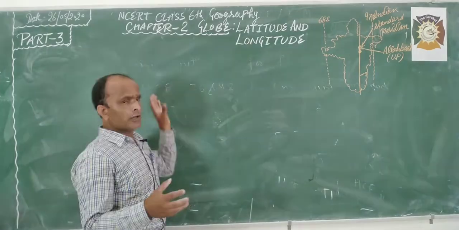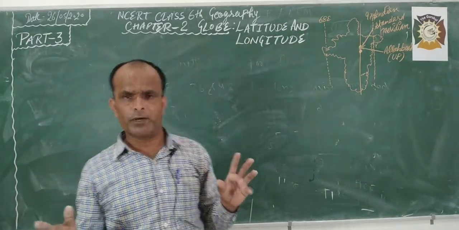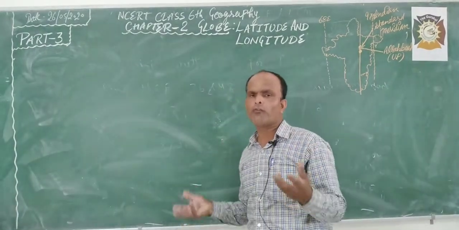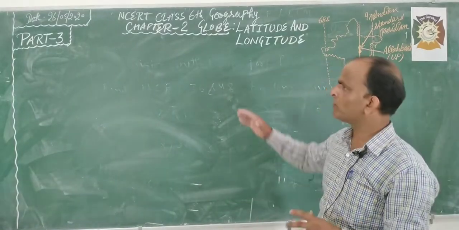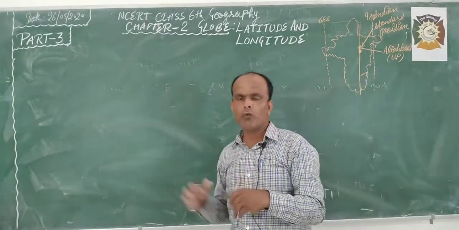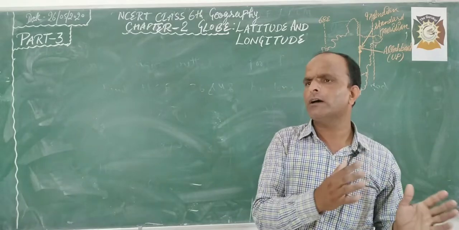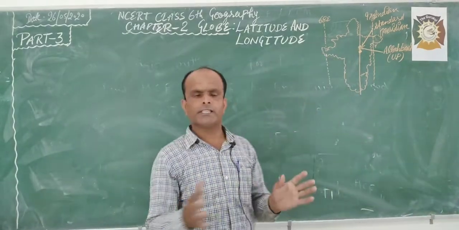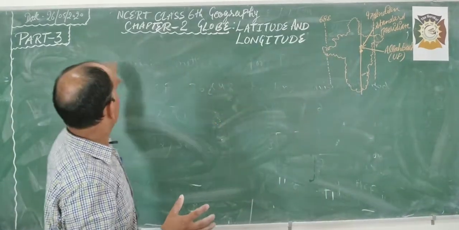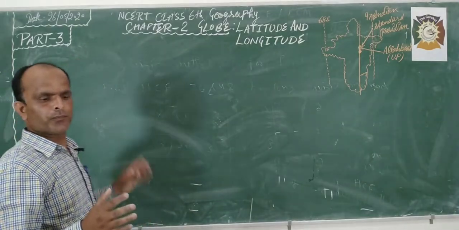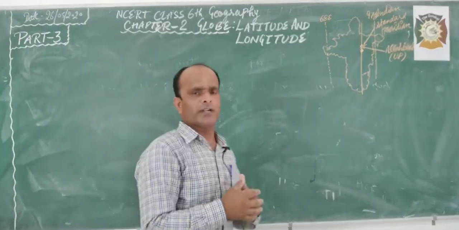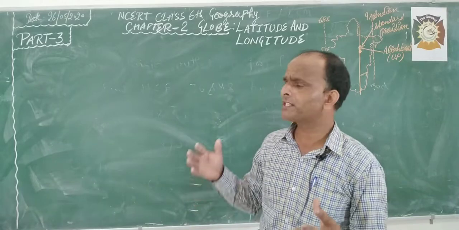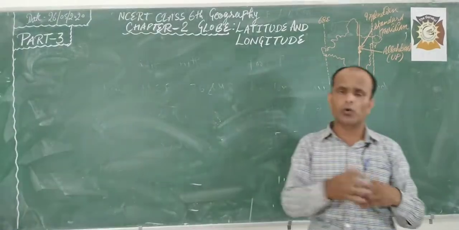We have done two parts of this chapter. Before going forward to part 3, I want to recap the work which has been completed in two parts. In the first part, we discussed about the globe.